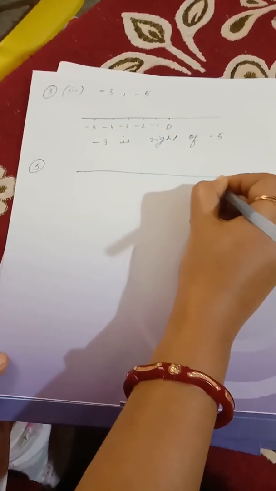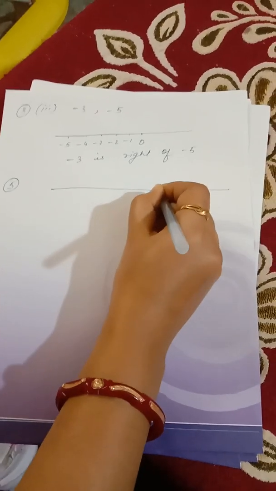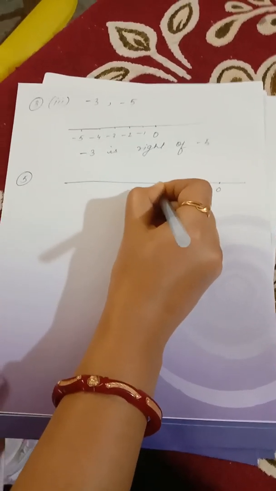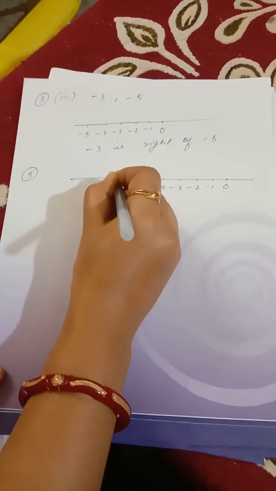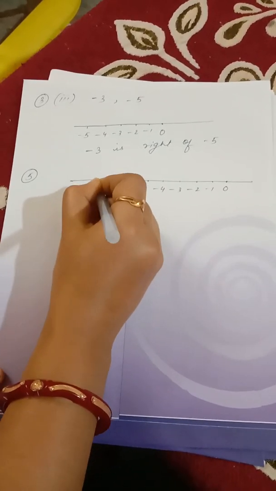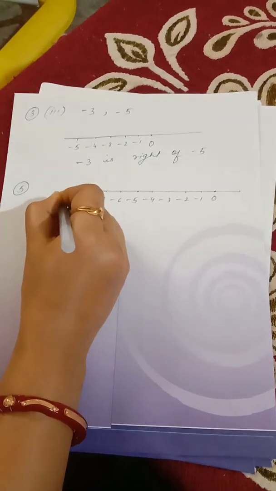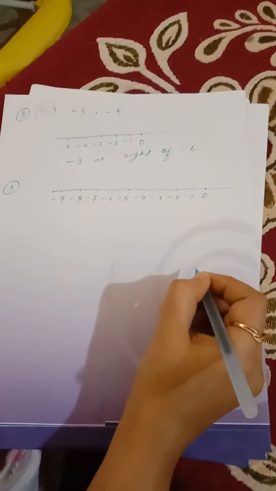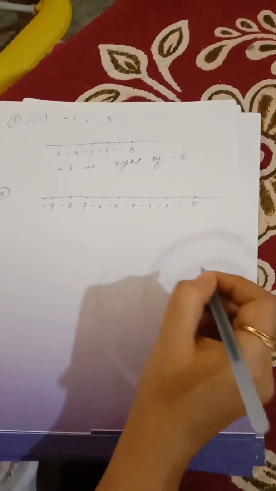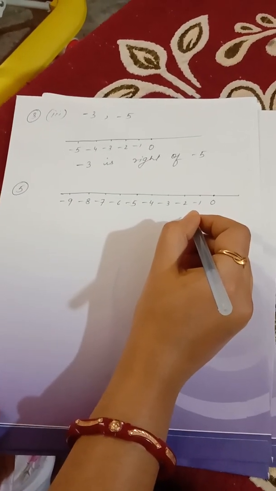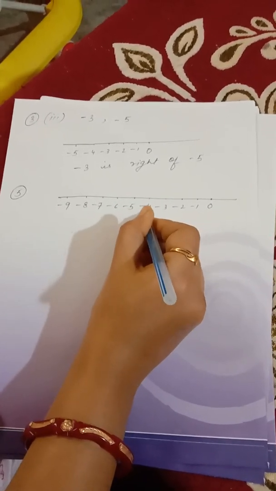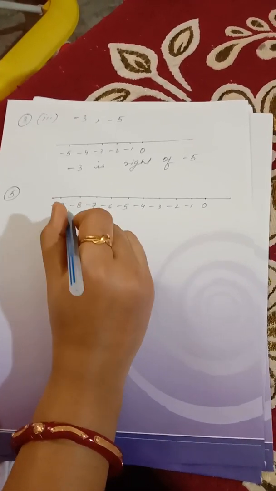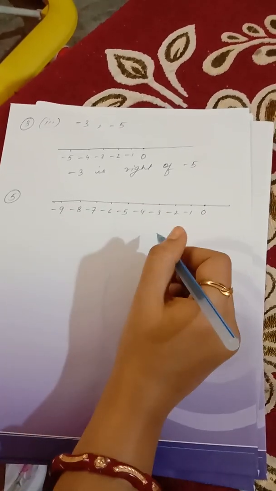Left of the 0, -1, -2, -3, -4, -5, -6, -7, -8, -9. So which integers are there in between -9 and -2? This all. -3, -4, -5, -6, -7, -8. All these are there.